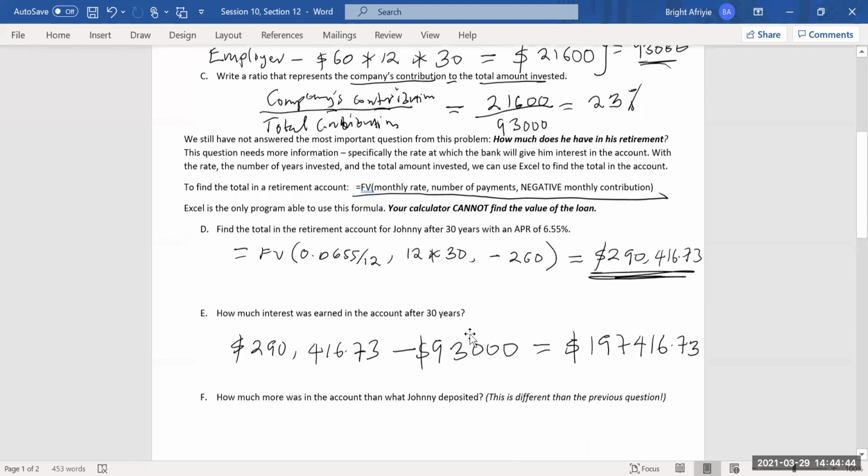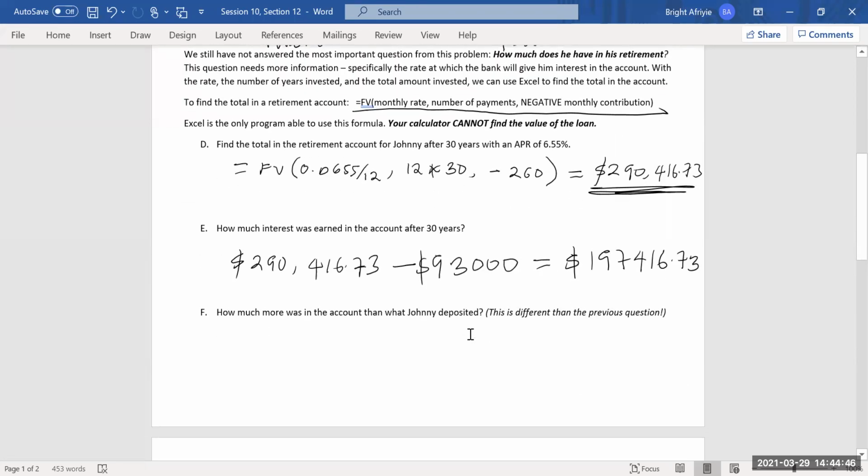Okay, nice. Now let's go to F. How much more was in the account than what Johnny deposited? All right, how much more was in the account than what Johnny deposited? So we will look at the whole balance. So this is different, right?